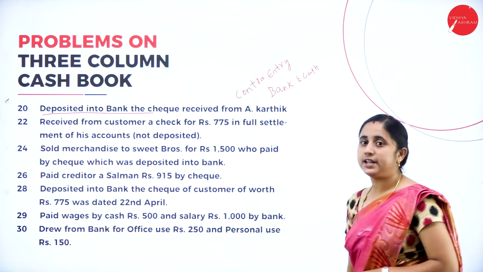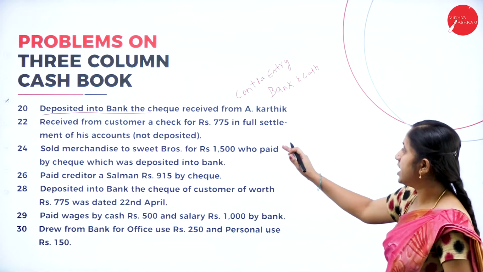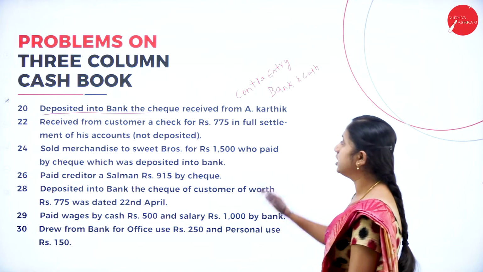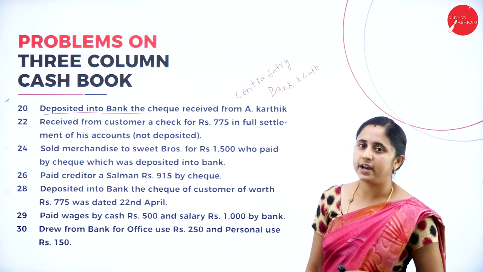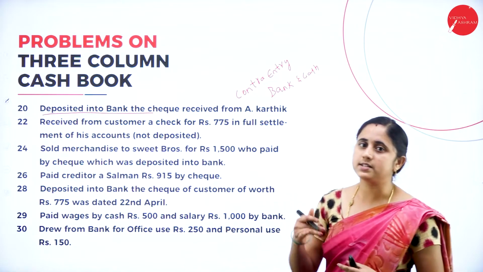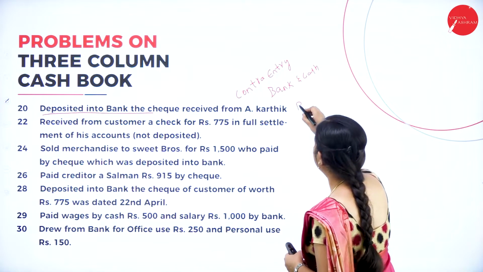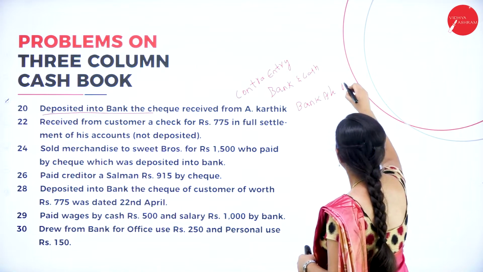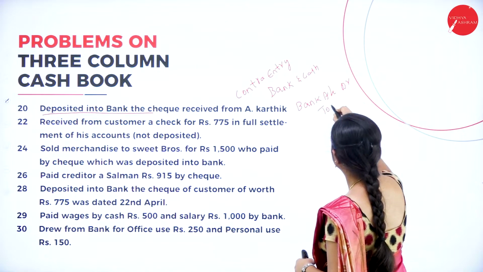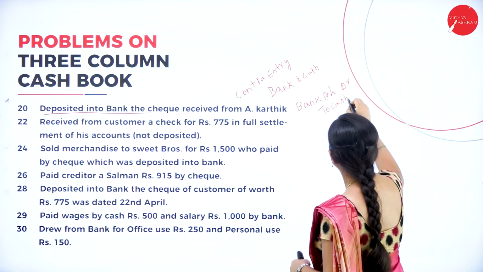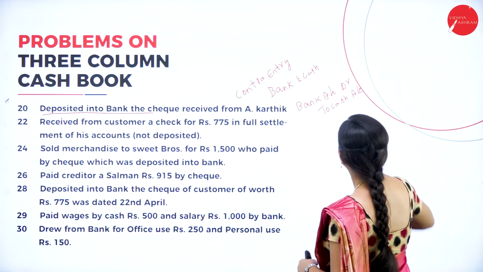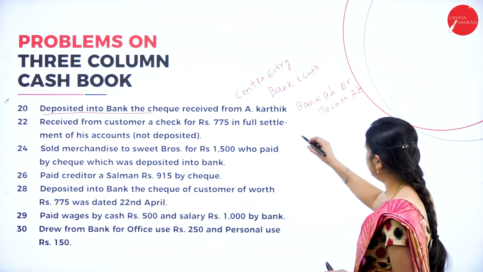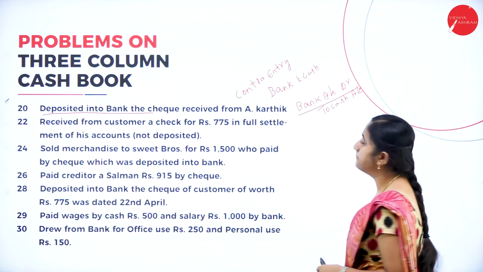First write the journal entry for depositing the check into the bank. The check is going out, and the bank is the receiver of the check. So, bank account debtor to cash account.